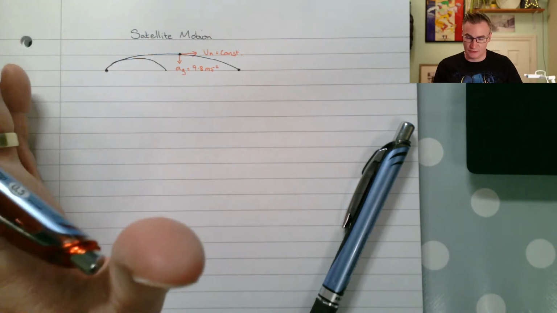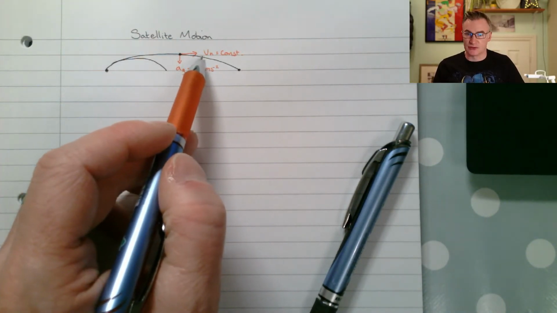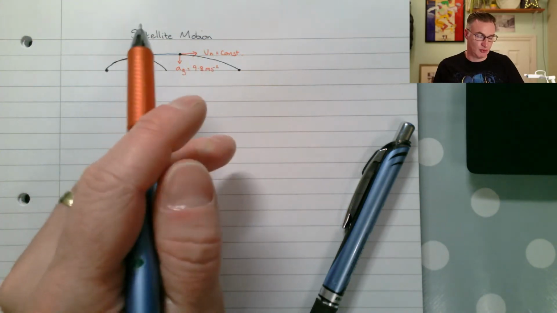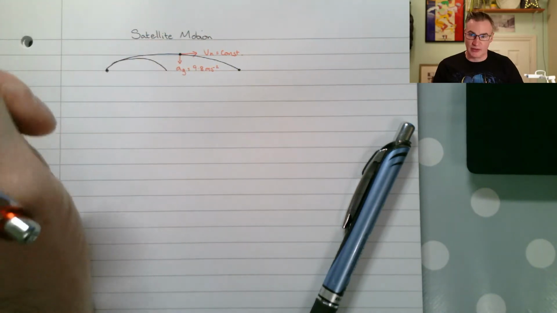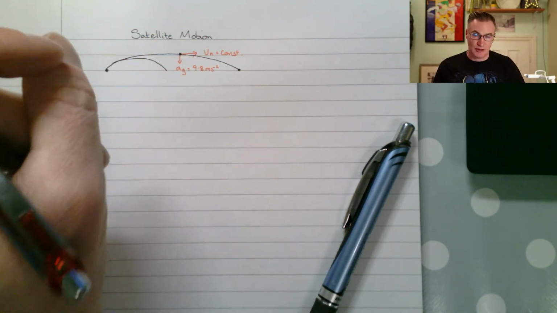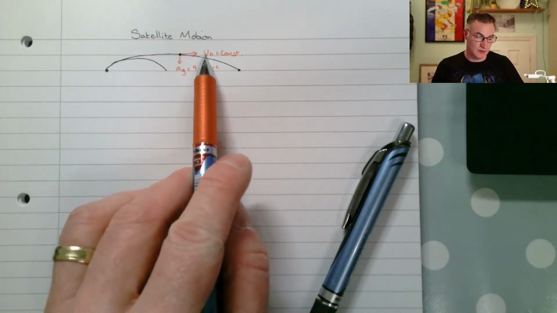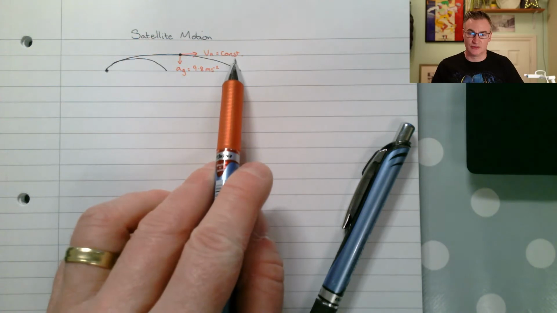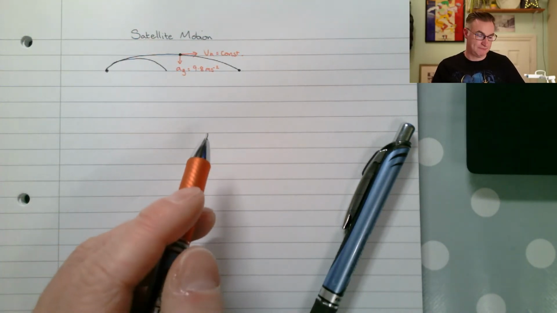It's not going to ever reach terminal velocity. It's never going to slow down from its horizontal component velocity. And this is because on the planet Earth we have an atmosphere. But when you take these into space, there is no air, it's in a vacuum, and so the horizontal velocity will remain constant, and the satellite will never reach terminal velocity.